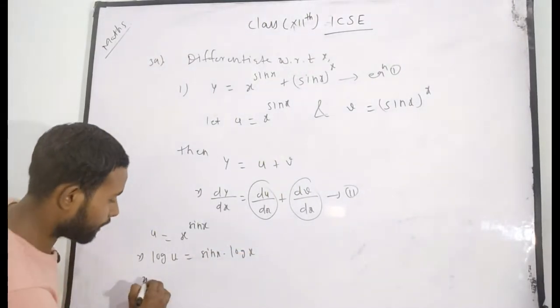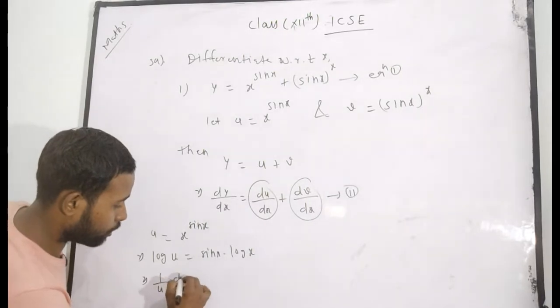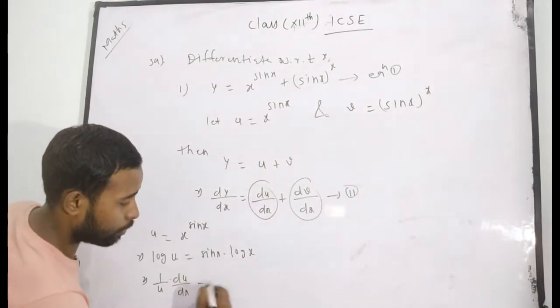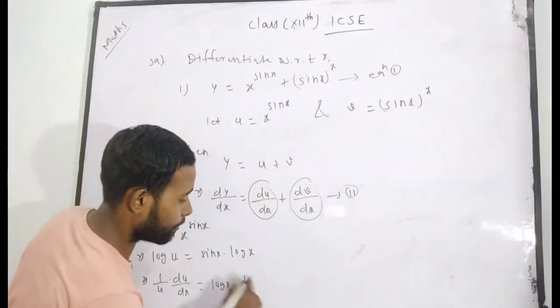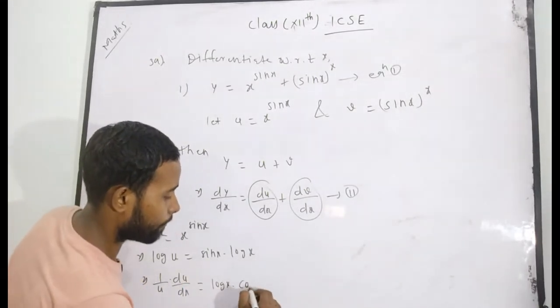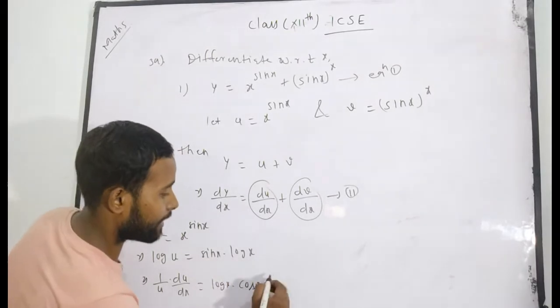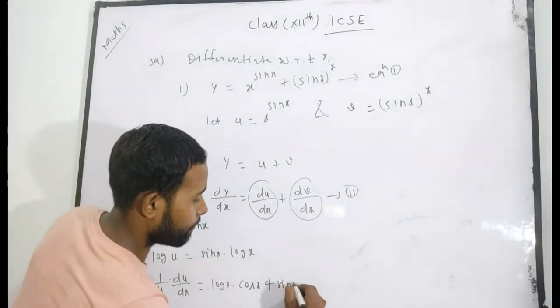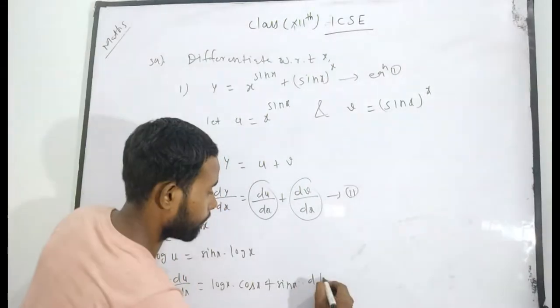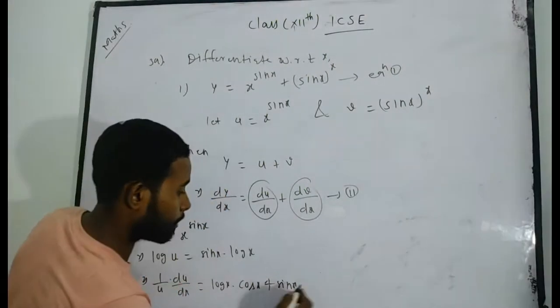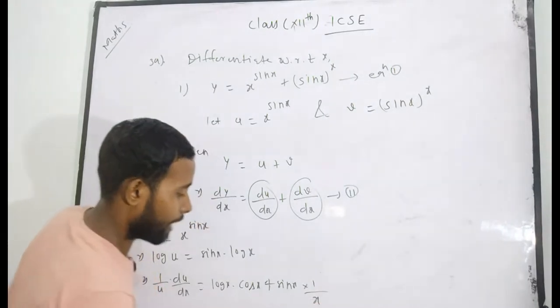Differentiating on both sides, you will get 1 upon u into du/dx is equal to take log x out of derivative of first term. That means derivative of first term will be what? Cos x, plus again take sin x out, derivative of log x with respect to x, which will be what? 1 upon x. I think you understand.